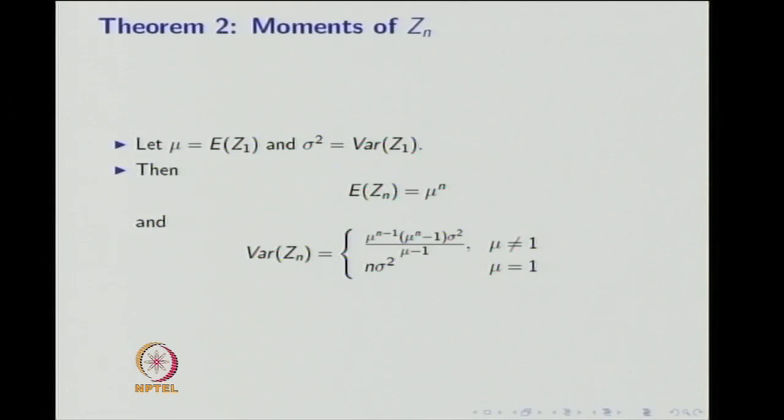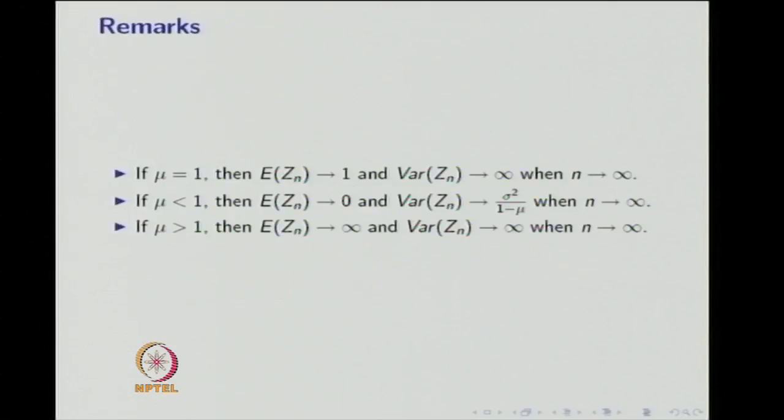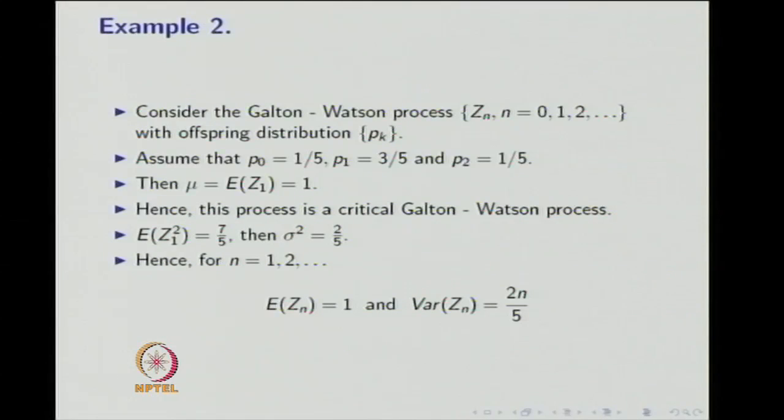Since mu is equal to 1, the expectation of Zn will be 1, variance of Zn will be n times sigma square. In this problem, sigma square is 2 by 5. Therefore, mean of Zn is 1, variance of Zn is 2n by 5.